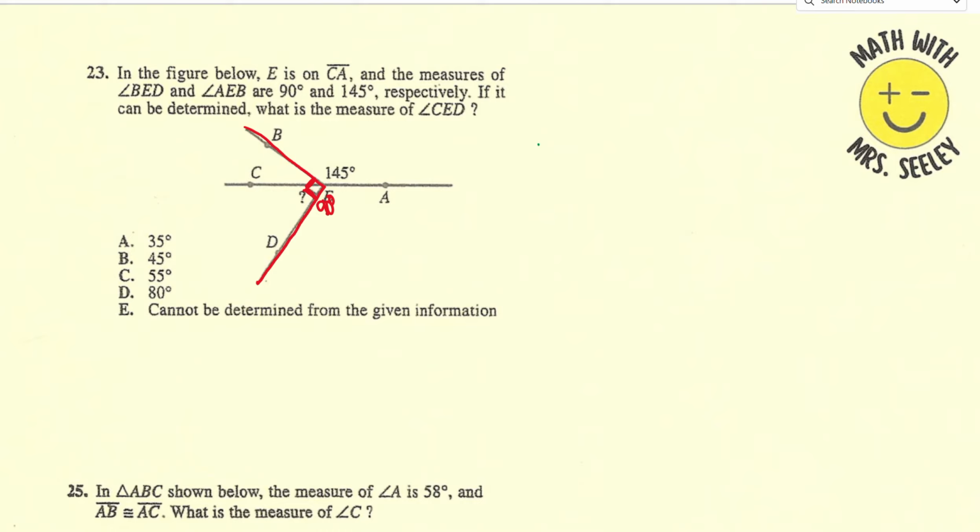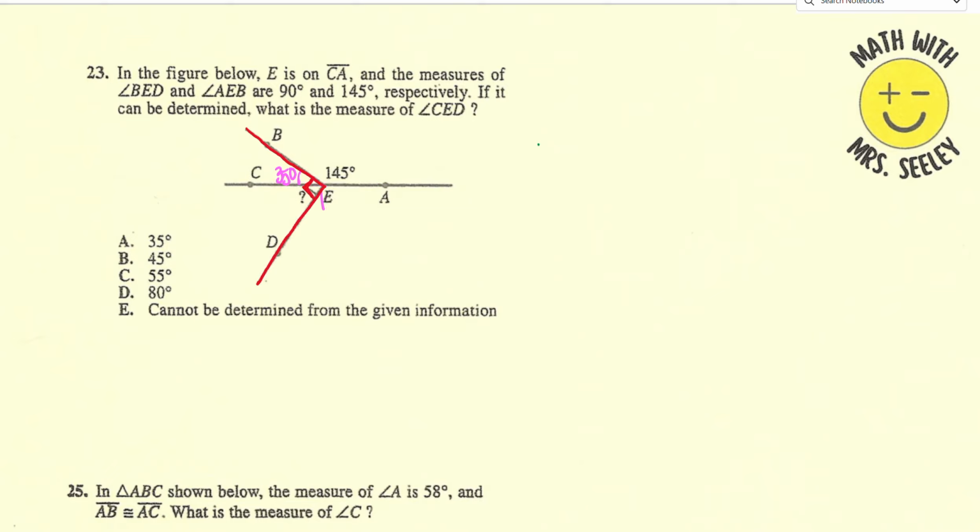Again, let's go back to the fact that we know if two angles or even more sit on a line together, that makes 180 degrees. So if this side is 145, subtract that from 180, and that gives me 35 for this other little part right there. Now we said that this is 90 degrees.